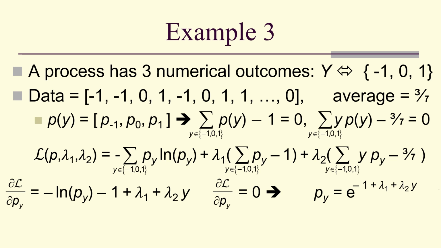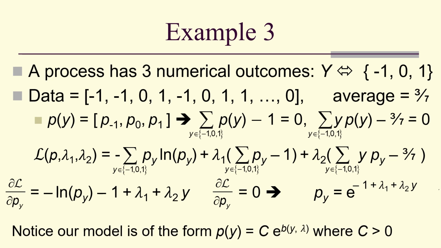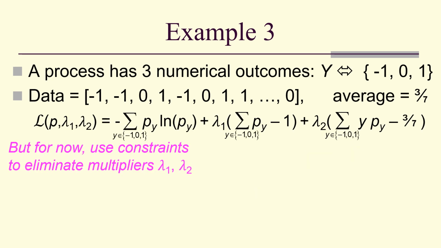And therefore, p sub y is e to the -1 plus lambda 1 plus lambda 2y. And notice this is the probability function p of y as a positive number times an exponential. That's going to be important very soon. But for now, let's just use the constraints to eliminate our multipliers.